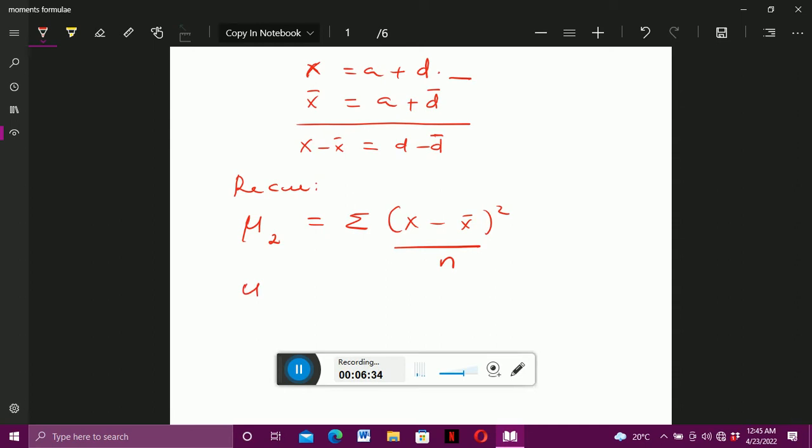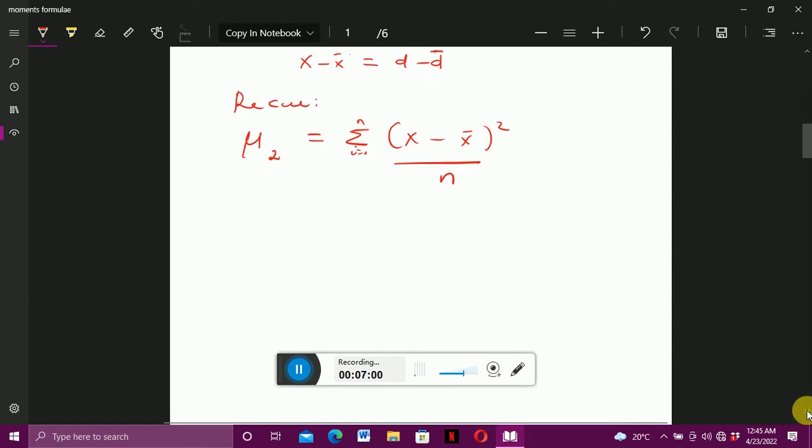But now we have found that x minus x bar is the same as d minus d bar. So we can write this. Allow me to write it a bit down here.